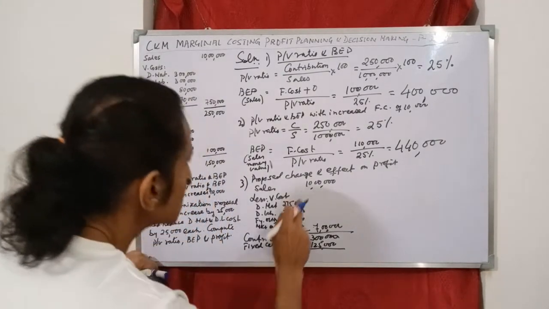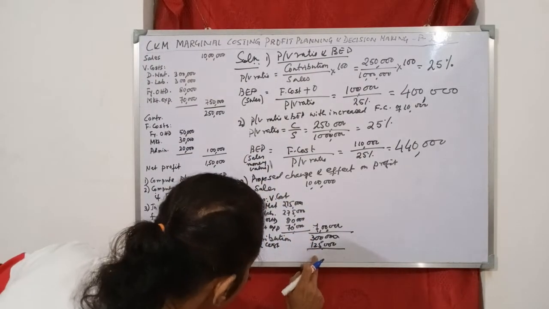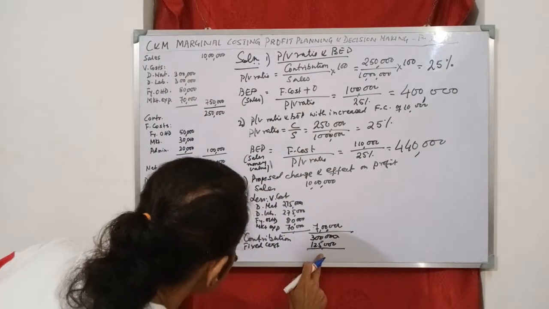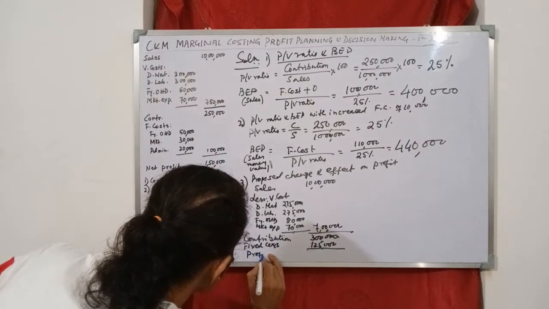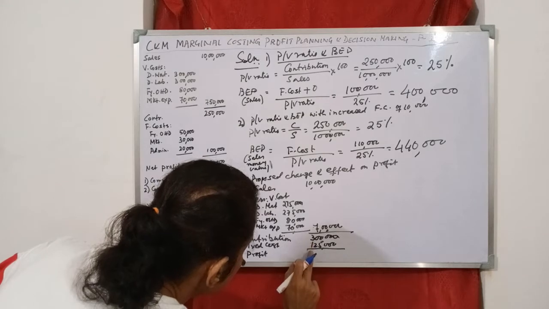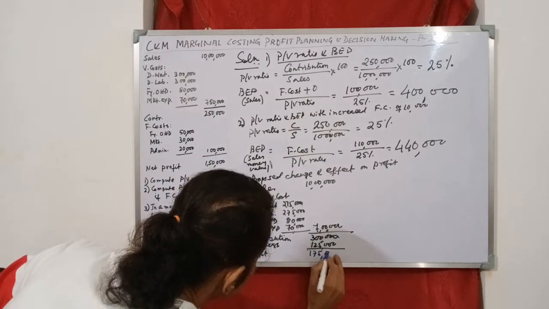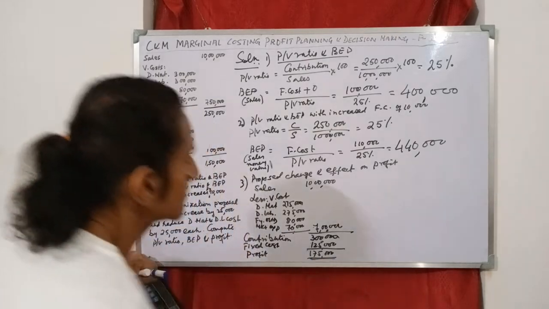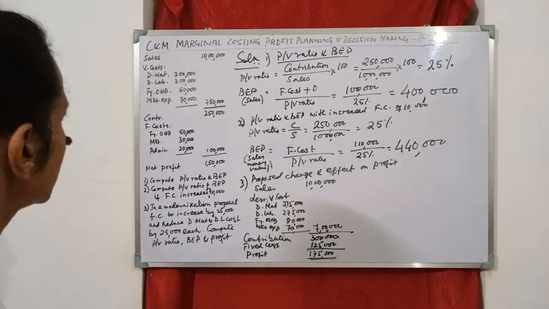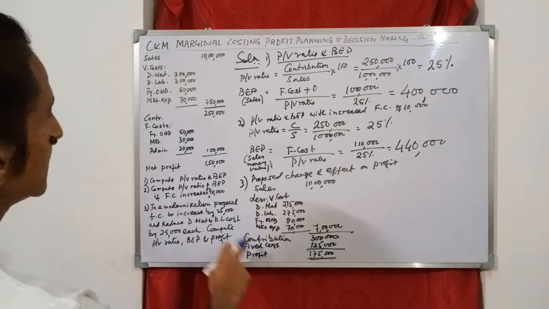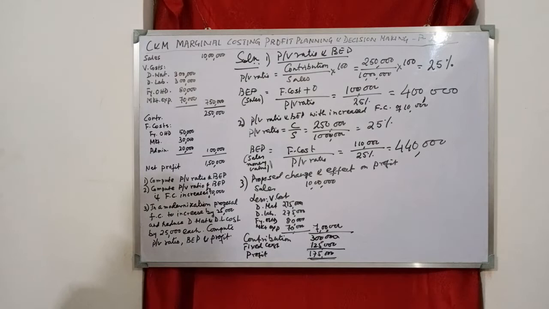So total variable cost has decreased by 50,000. So we deduct fixed cost from the contribution. So we get profit. How much? 3 lakh minus 125,000, that is 1,75,000. This is the profit. Previously profit was 1,50,000. Now it is 1,75,000. Correct?